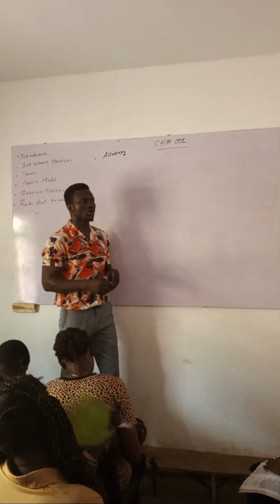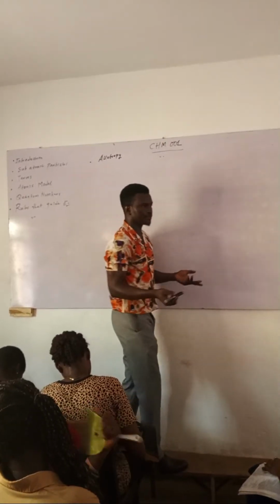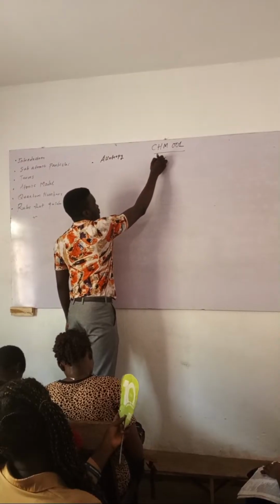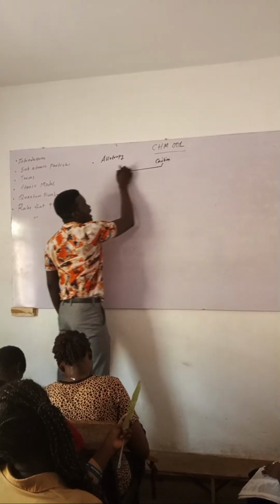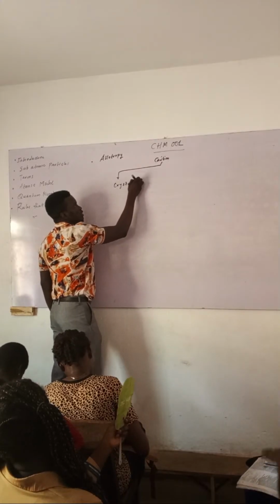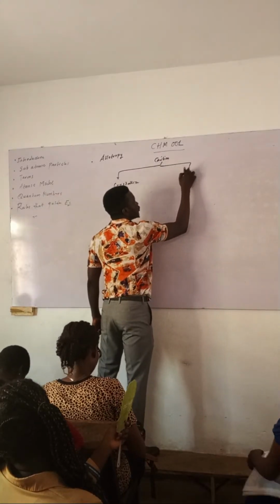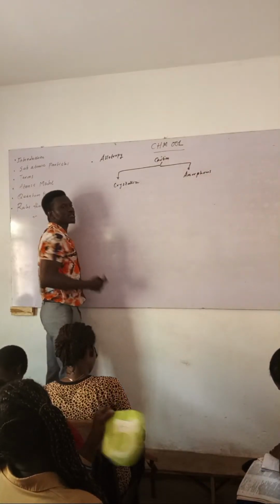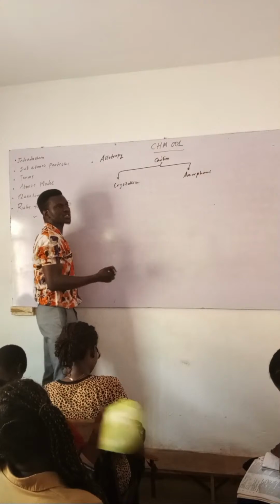So we have what we call allotropes of carbon. What are the allotropes of carbon? We have the crystalline form and the amorphous form. The ones that have a particular shape are called the crystalline form.